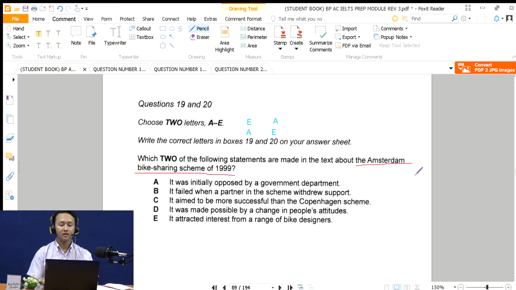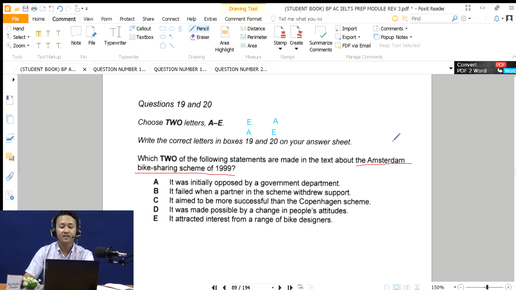Do not go to the options, because it will confuse you. Just go to the text and find information about the Amsterdam bike sharing scheme of 1999.